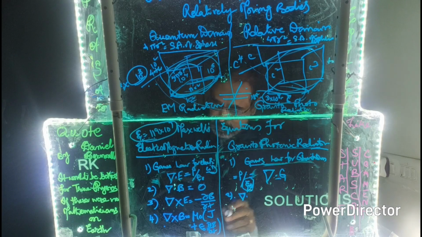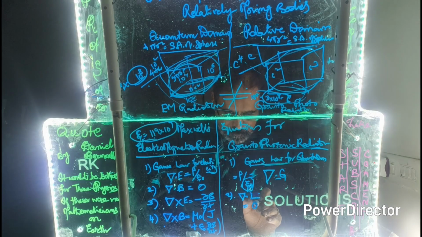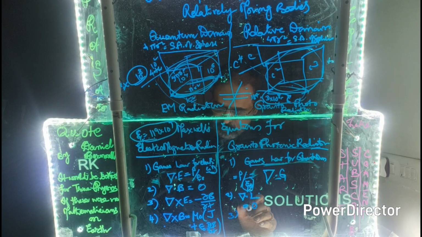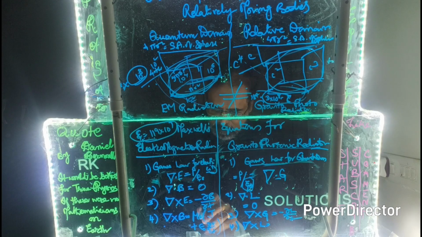The second law would be, if L represents light, then the divergence of L is equal to 0 here. Third, the curl of G is equal to minus partial L by partial t. Fourth one will be the curl of L is equal to, here we had mu naught, here we had mu naught.